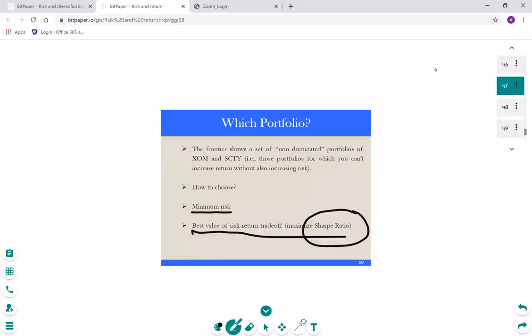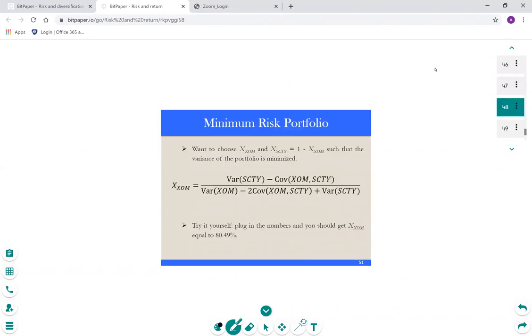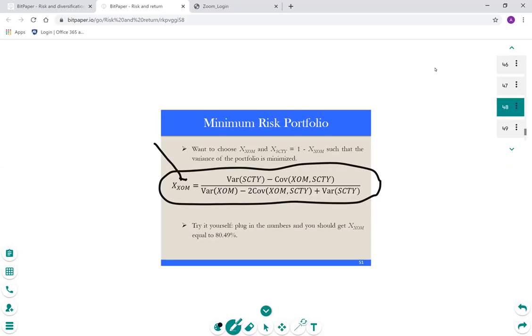Let me just define the minimum risk formula first. This is the formula for the portfolio share that will give you the minimum risk. So this is the percentage of your portfolio that should be taken up by ExxonMobil. If you're trying to minimize risk, you take the variance of Solar City, subtract the covariance of the two stocks.